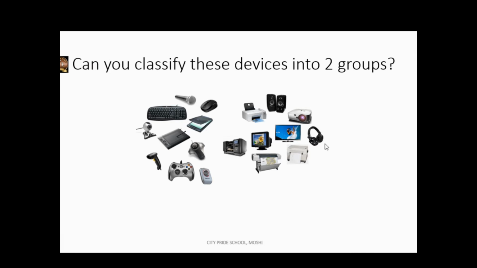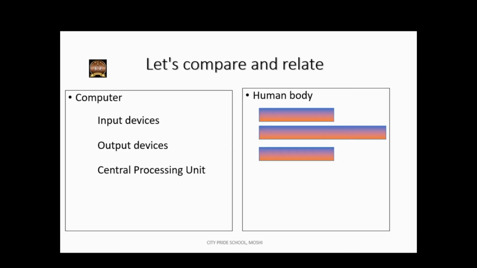For example, the headsets that you use, the screen or the monitor, speakers, printers, etc. So the first set of devices are called input devices, and the second set of devices are called the output devices.